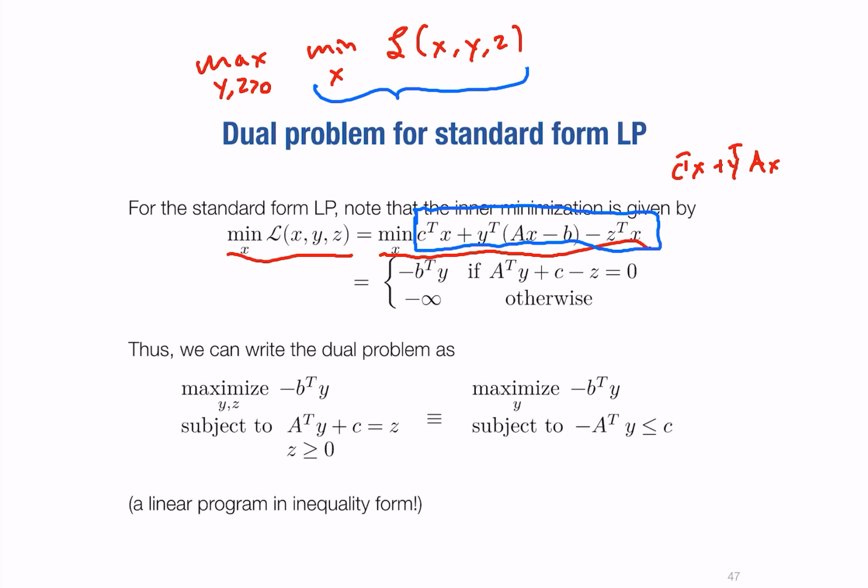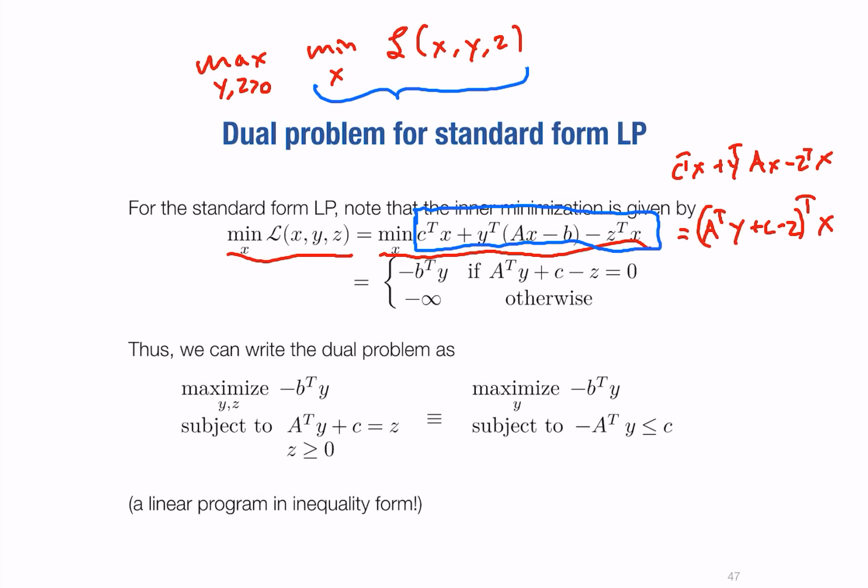I'm going to ignore the terms that don't involve x. So we want to minimize this over x, and I can also write this as A transpose y plus c minus z, all inner product with x.